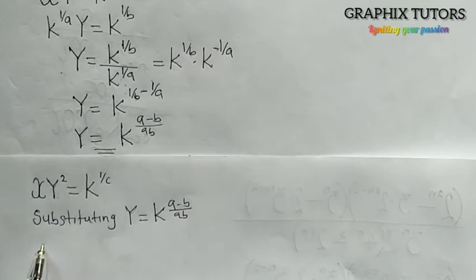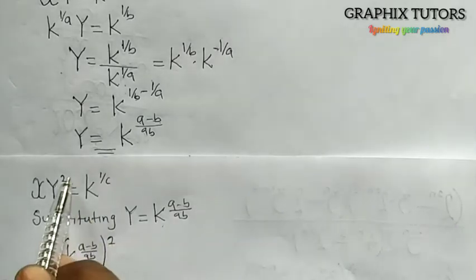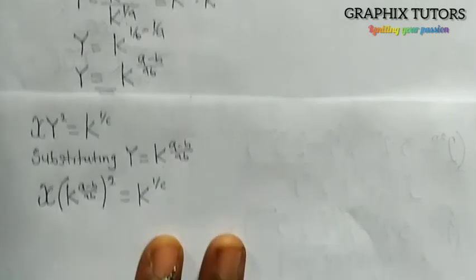So we're having x, and our y here is k to the power of a minus b over ab, everything to the power of 2, because the y here has a square, equals k to the power of 1 over c.